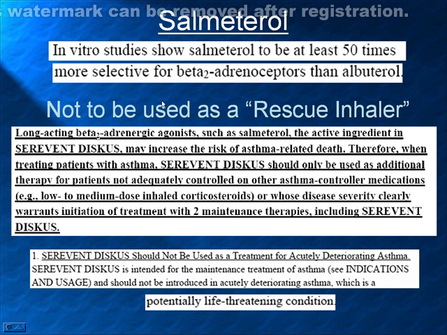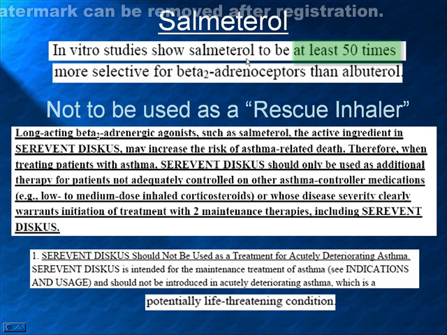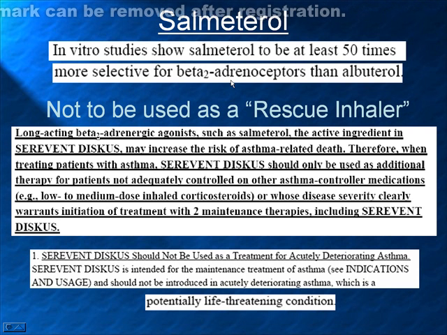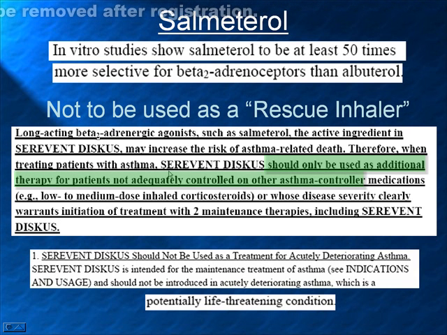You'll see that studies show Salmeterol to be at least 50 times more selective for beta-2 adrenergic receptors than Albuterol. And it's a long-acting beta-2 agonist, and therefore it is not used as a primary source of treatment for controlling asthma. It is a secondary intervention for maintenance of preventing asthmatic bronchospasm.